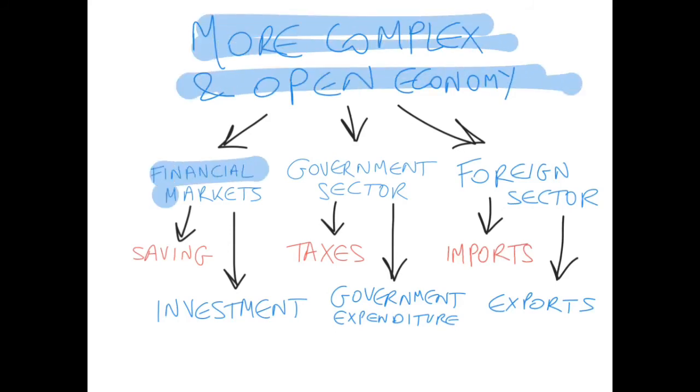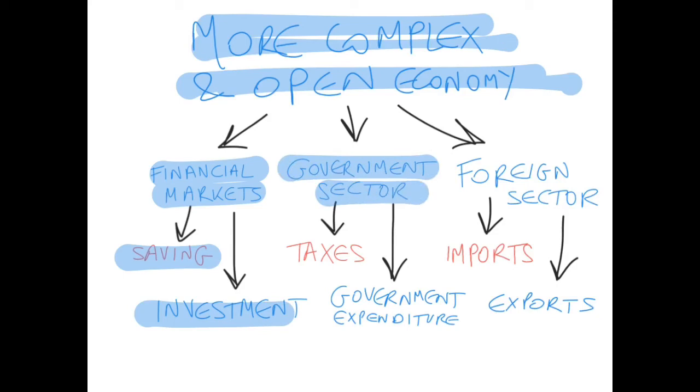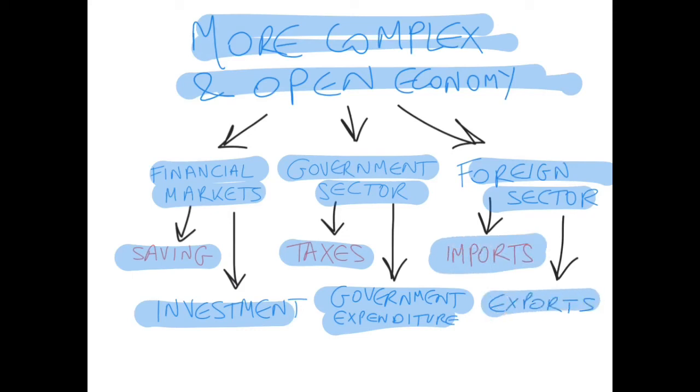There are financial markets that take our savings as households and also inject investment. There is the government sector that takes our taxes as a leakage and injects government expenditure. And there's a foreign sector that takes our import spending as a leakage and injects export revenue.